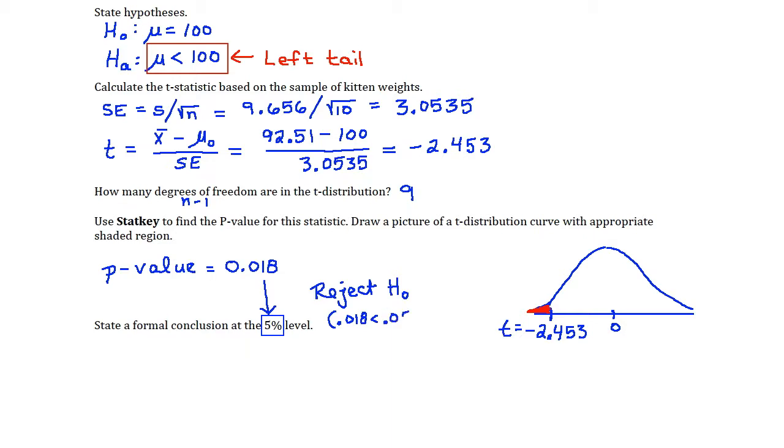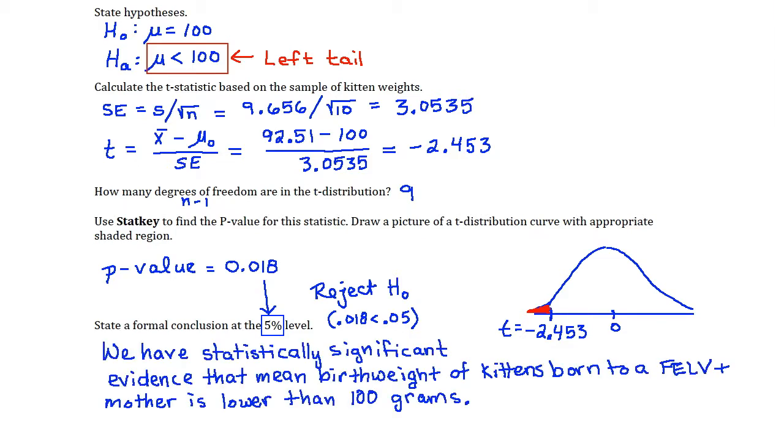But our conclusion is all going to be in non-technical language. So I want to say, in the context of kitten weights, what we have statistically significant evidence of. So we have statistically significant evidence that mean birth weight of kittens born to a FeLV positive mother is lower than 100 grams, or we could say lower than the known average.